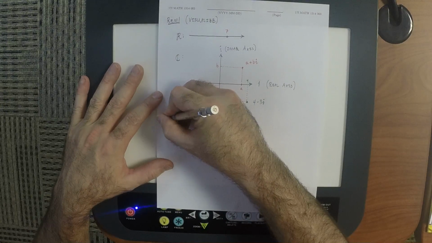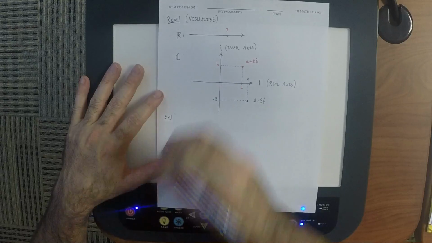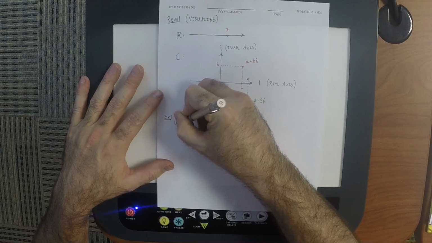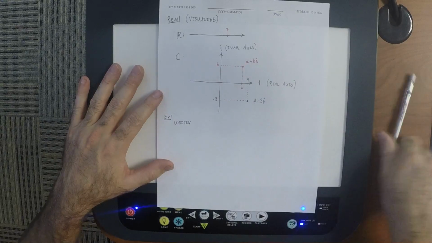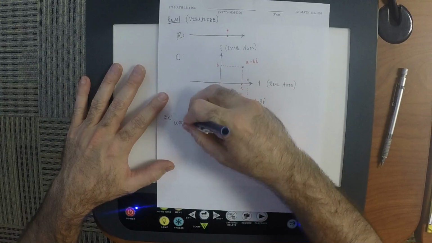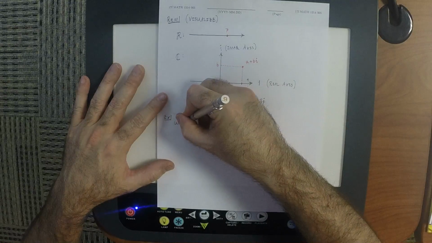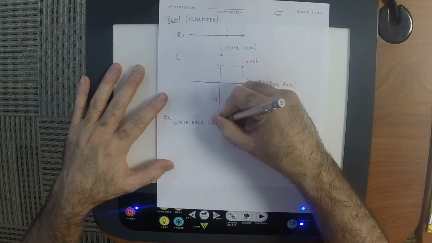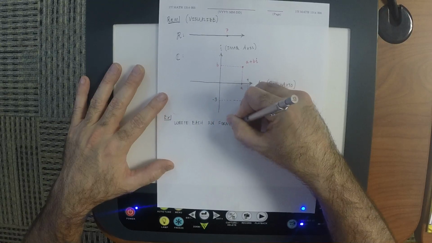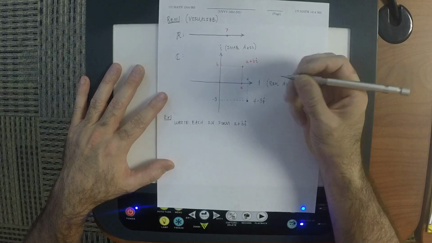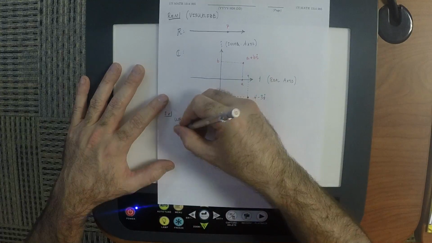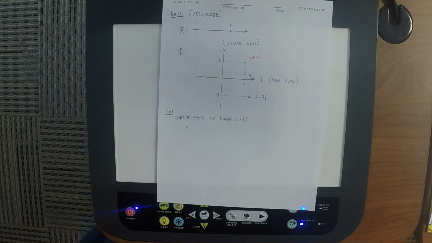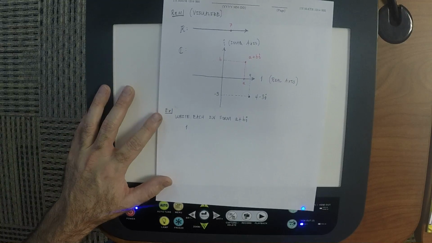So let's consider the number 1, and I want you to write each number in the form a plus bi. Okay. So how about the number 1, construing 1 to be a complex number?